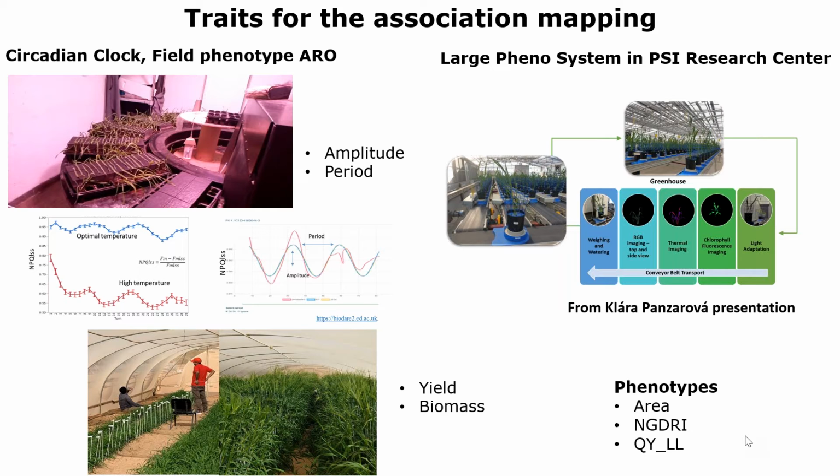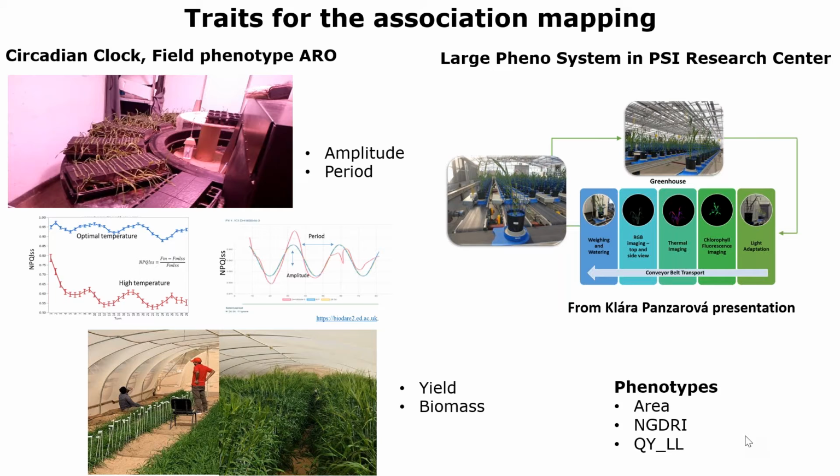We use this platform for the B1 population lines and also for the HEB lines. At the same time, we also used field data of the HEB lines in different conditions, in high temperature and drought condition, where we also measure yield and biomass.